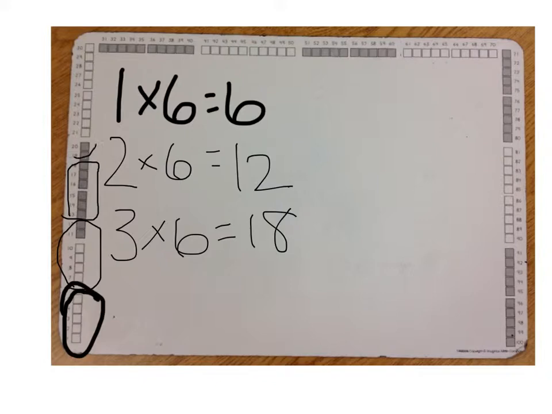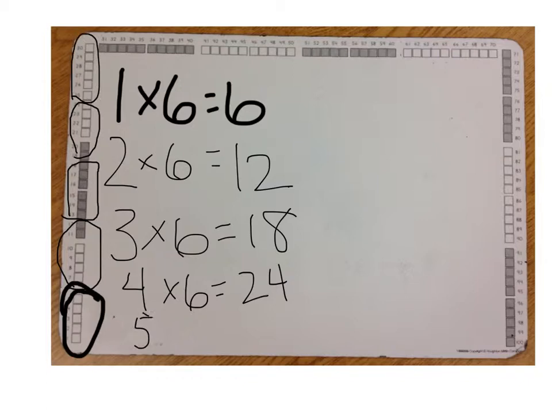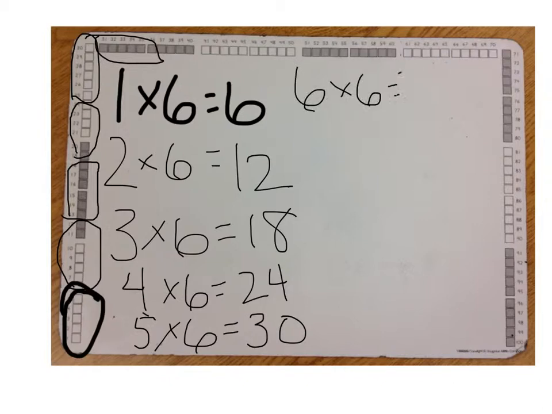So now I've got 4 groups of 6 equals 24. Then I've got 5 groups of 6, and that equals 30. And then 6 groups of 6, one problem we've never done, equals 36.